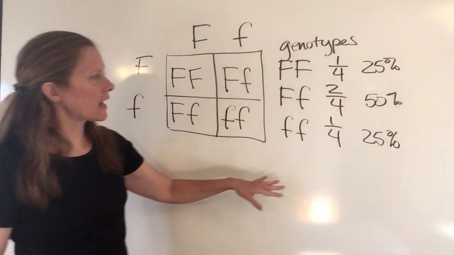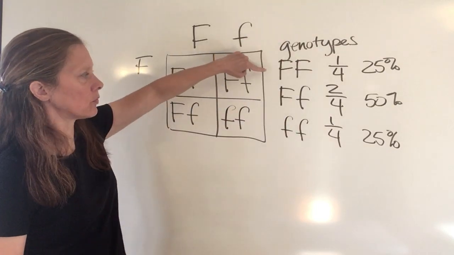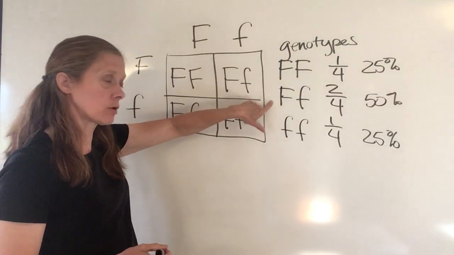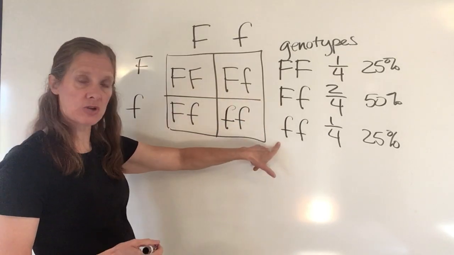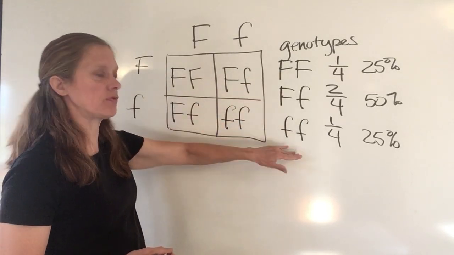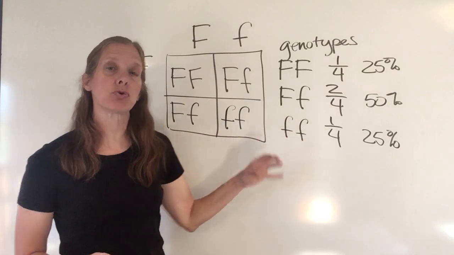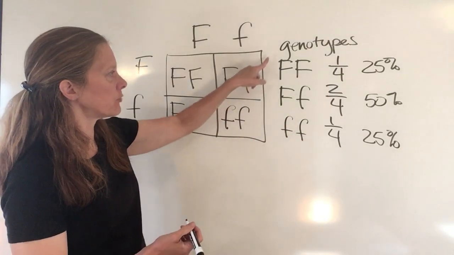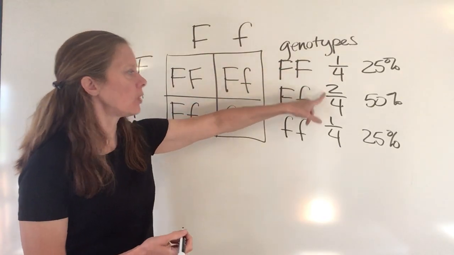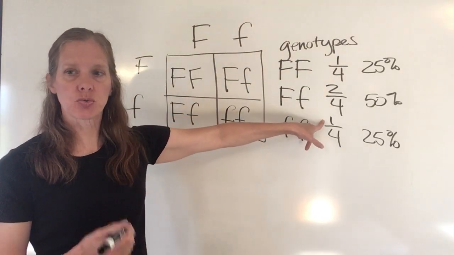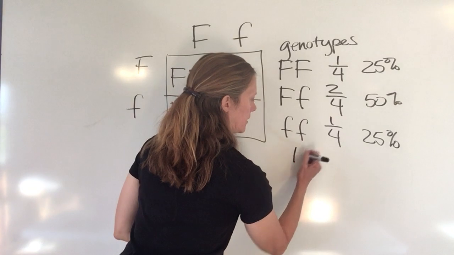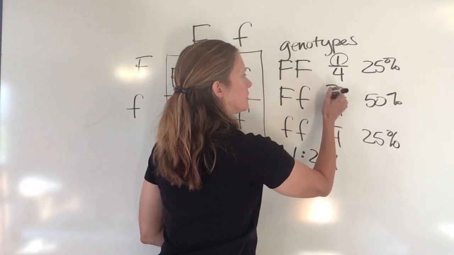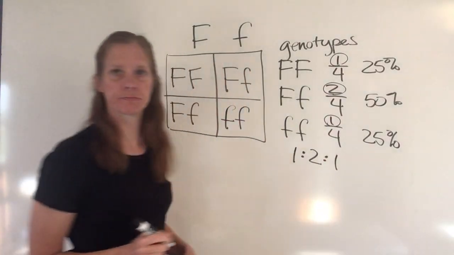Now, when I do this, I normally do start out with a homozygous dominant, then a heterozygous, and then a homozygous recessive. I usually do it in this order so that when I give you the ratio, people are going to know what we're talking about. So since I have 1 to 2 to 1, that's what the ratio is going to be. 1 to 2 to 1. So here's the 1, here's the 2, here's the 1.